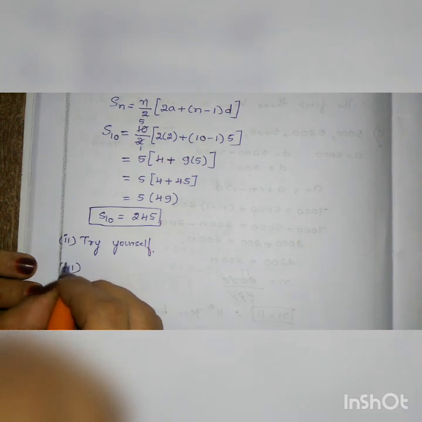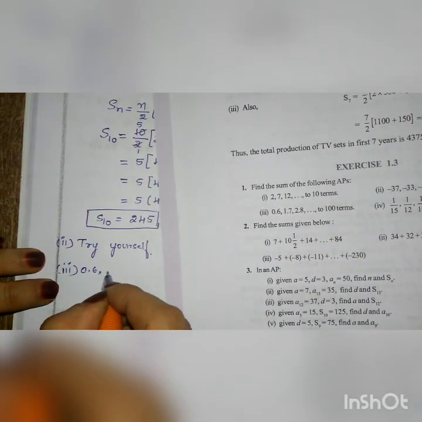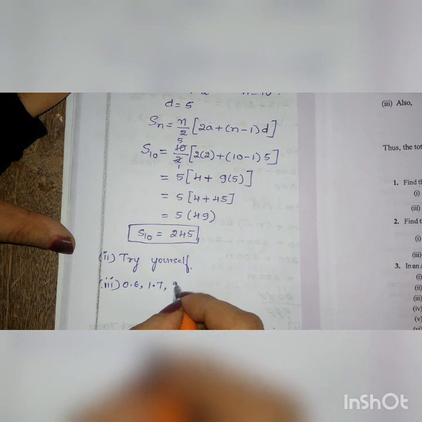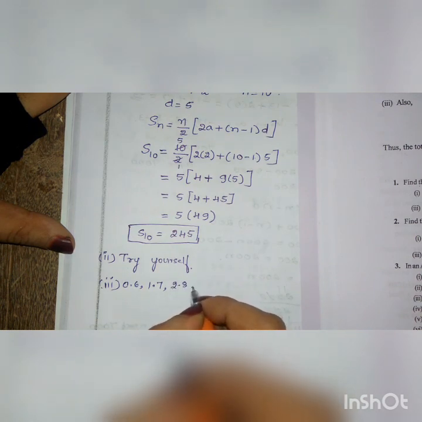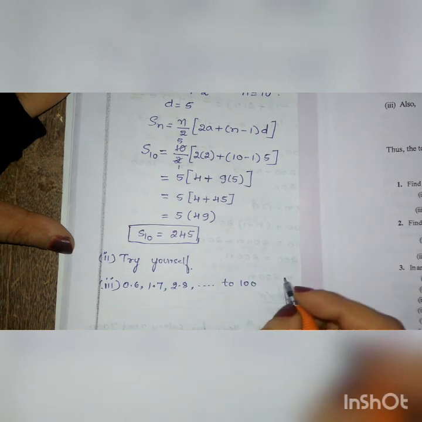Third problem, let me see how they have given the third problem. Third is 0.6, 1.7, 2.8, up to 100 terms.